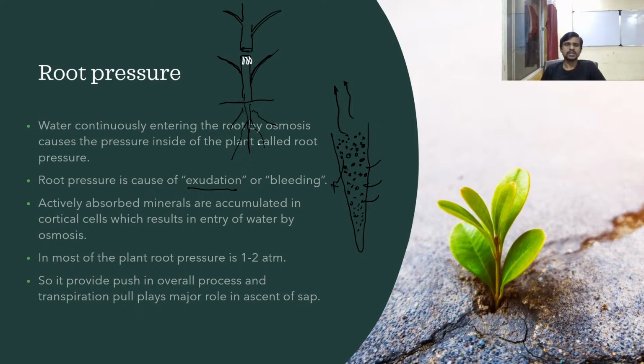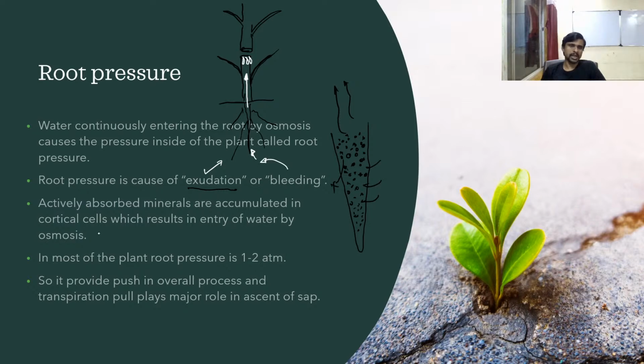That means a continuous pressure is working on the root and allowing water to move in a forward direction. This movement of water, or this water coming out when you cut the stem of the plant, this phenomenon is called exudation, or sometimes we call it bleeding.